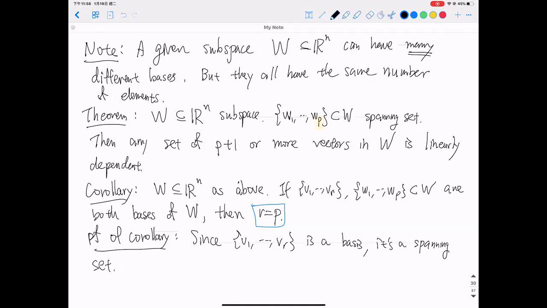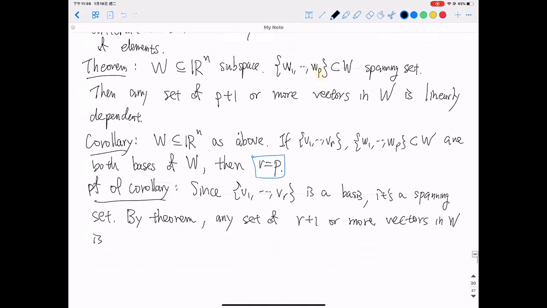So the theorem says that by theorem, any set of R plus 1 or more vectors in W is linearly dependent.